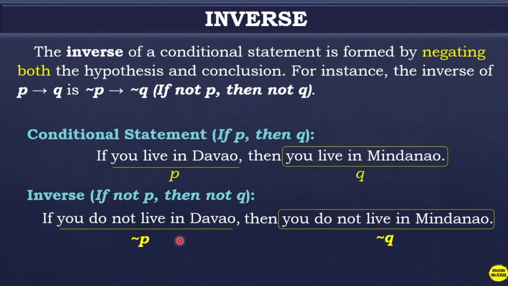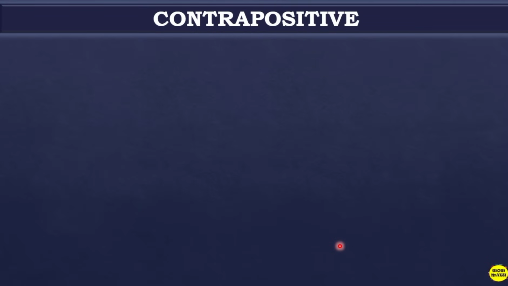If you do not live in Davao, then you do not live in Mindanao. Okay? So, dapat marunong tayo mag-identify kung true or false siya. Okay? Dito pa lang. So, kung i-identify natin siya kung true or false, ito true. If you do not live in Davao, then you do not live in Mindanao. Is this true or false? So, mamaya sasagutin natin yan.